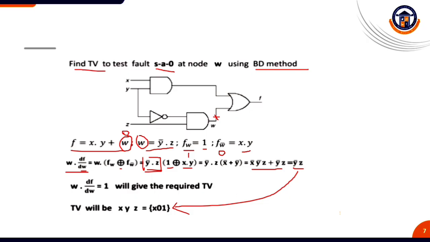But our missing term is the x input value, so instead of x we can substitute an unknown value, that is x 0, 1. This is the final test vector when this W line is affected by stuck at 0 using the Boolean difference method.